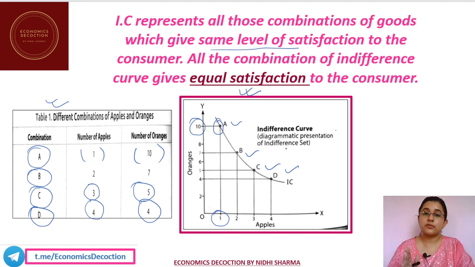That means the level of satisfaction derived by a consumer at combination A would be the same as the level of satisfaction derived at combinations B, C and D. I hope the concept of equal satisfaction is clear to you.